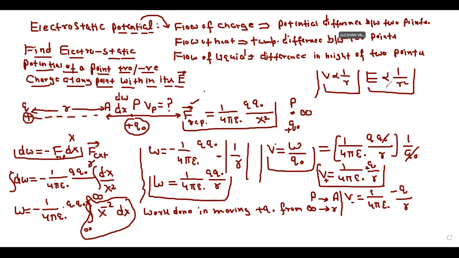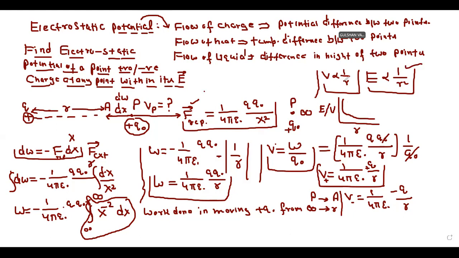So if we plot a graph between electric field, potential and distance: in case of electric field, E is inversely proportional to 1 over r square, and we get this type of graph.